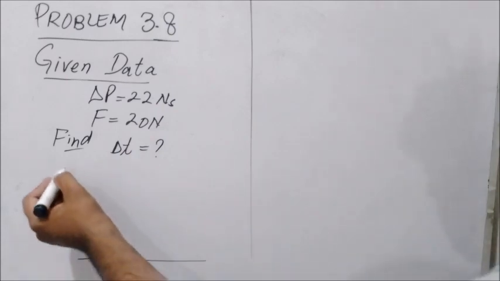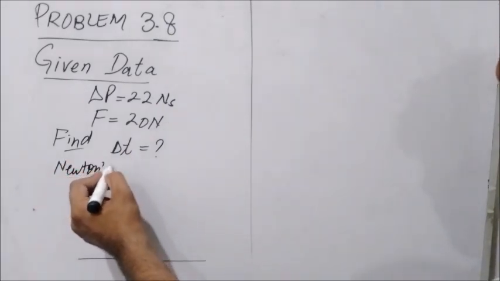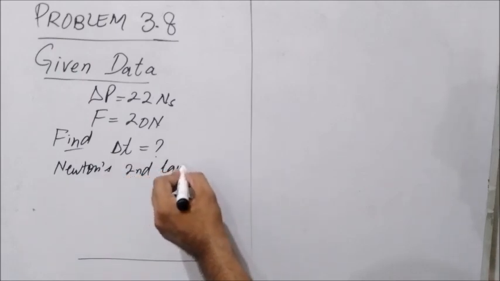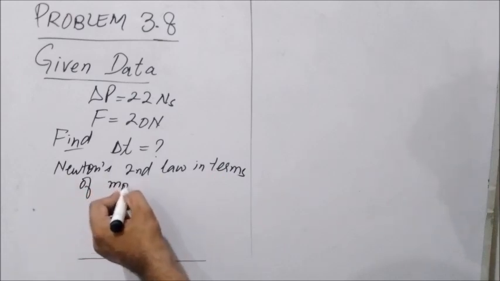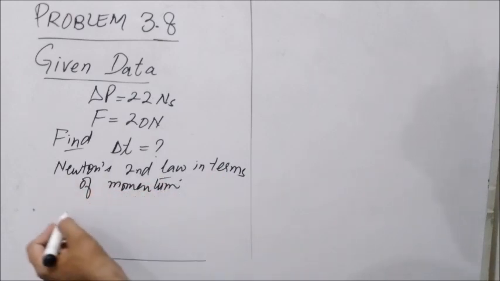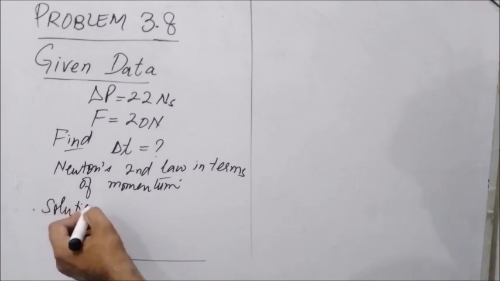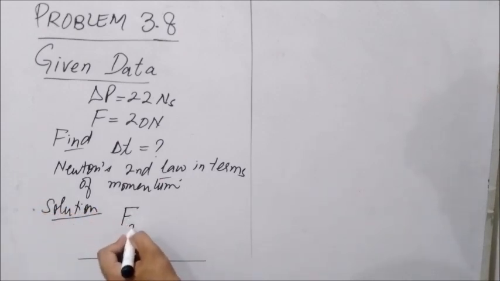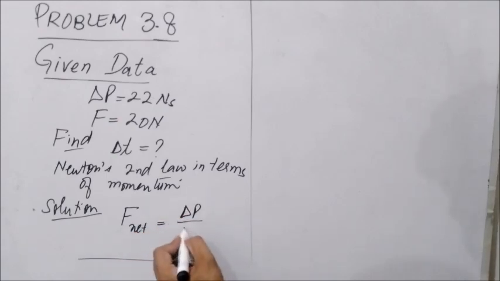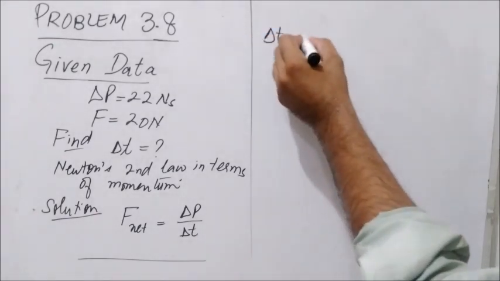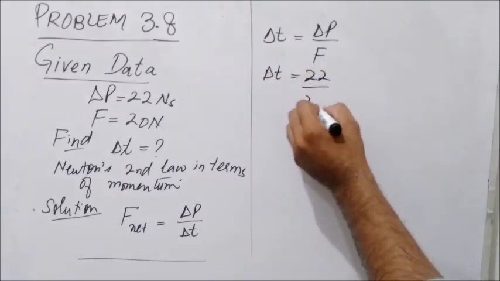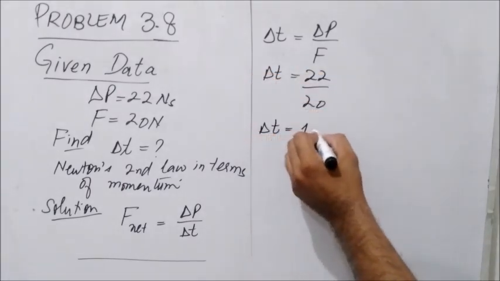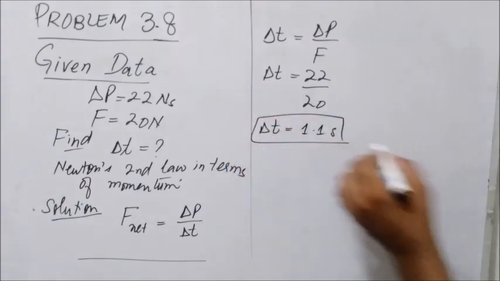So according to Newton's second law in terms of momentum, which says the net force is equal to change in momentum per unit change in time. So to get this, I will rearrange. The momentum is 22, the force is 20, so it will become 1.1 second.